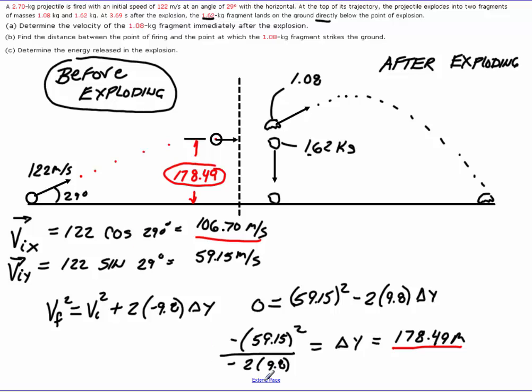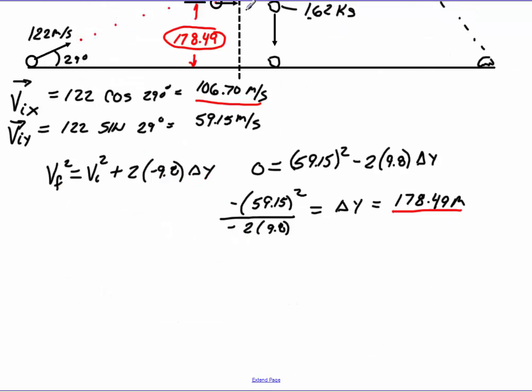So we'll go back to our kinematic equations, and we'll make a determination of what that value is going to be. So we'll use the kinematic equation, delta y is equal to Vi in the y, oops, sorry, times t minus 1/2 times 9.8 times t squared.